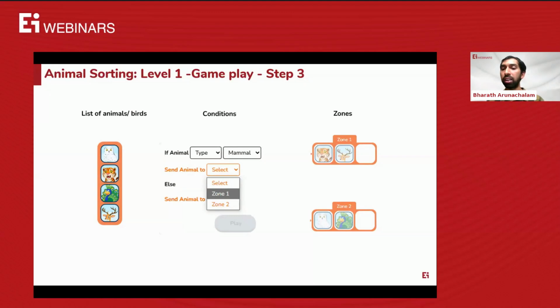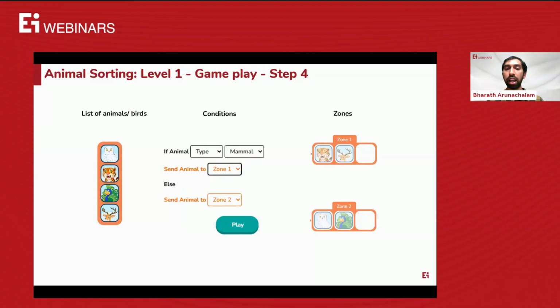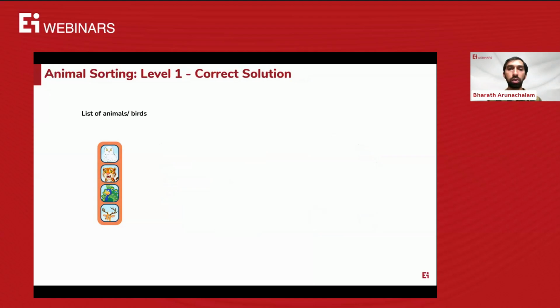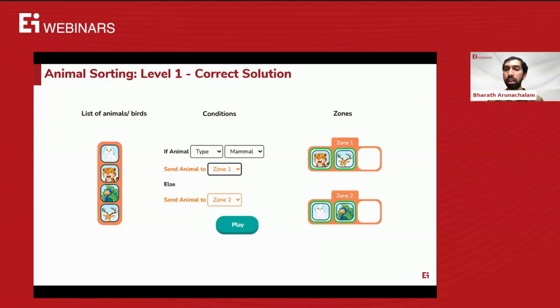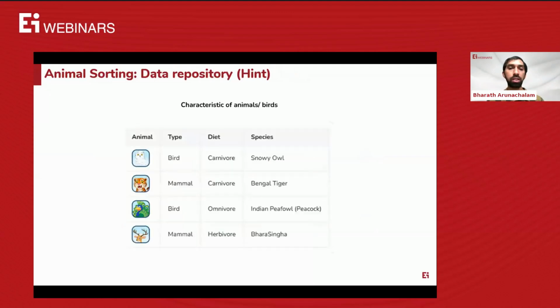Tiger and deer, both of them are mammals, and they go into zone 1. And the next condition, else, whatever is left in that particular list goes into zone 2, right? So the correct solution is this. This is how the correct solution looks, and this is how it appears, right?